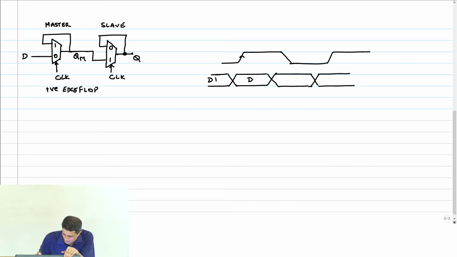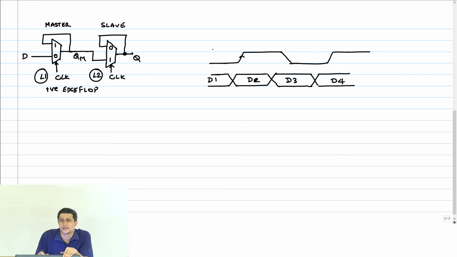So this is D1, D2, D3, D4. So now what happens when the clock is 0 here? Let me call these latches L1 and L2, latch L1 and latch L2.